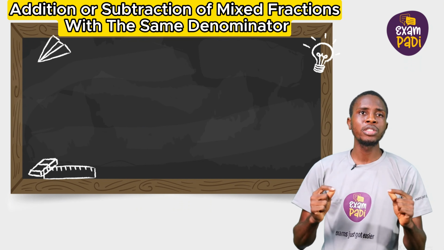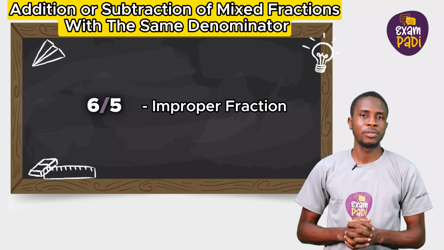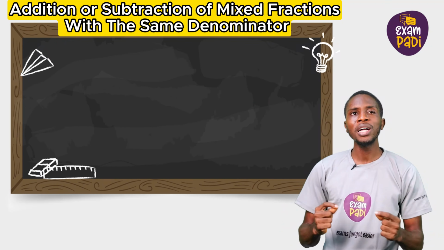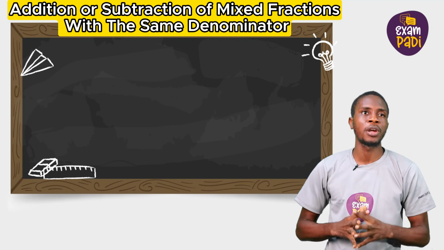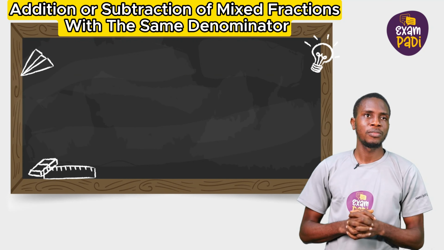In 4 whole number 6 over 5, 6 over 5 is an improper fraction. So, convert it into a proper mixed fraction. We can then say 6 over 5 equals 1 whole number 1 over 5. That is, how many 5s can we find in 6? That is 1. We are left with 1, which is the remainder.